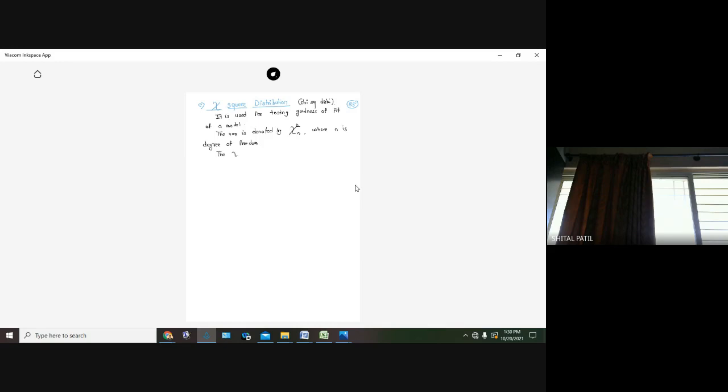The chi-square variate is defined as sum of squares of n independent standard normal variables.